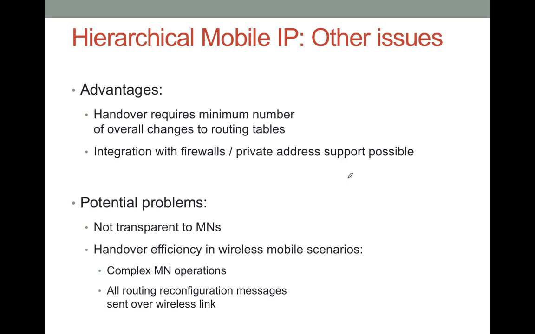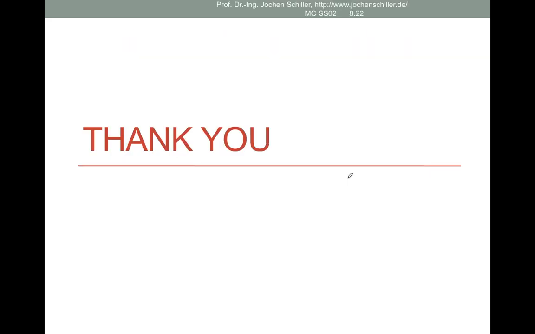So integration with the firewall and private address support is possible. The potential problem: it is not transparent to the mobile node, as you can see with the binding. Handover efficiency in wireless mobile scenarios is very complex, and all routing reconfiguration makes sense over the wireless link.